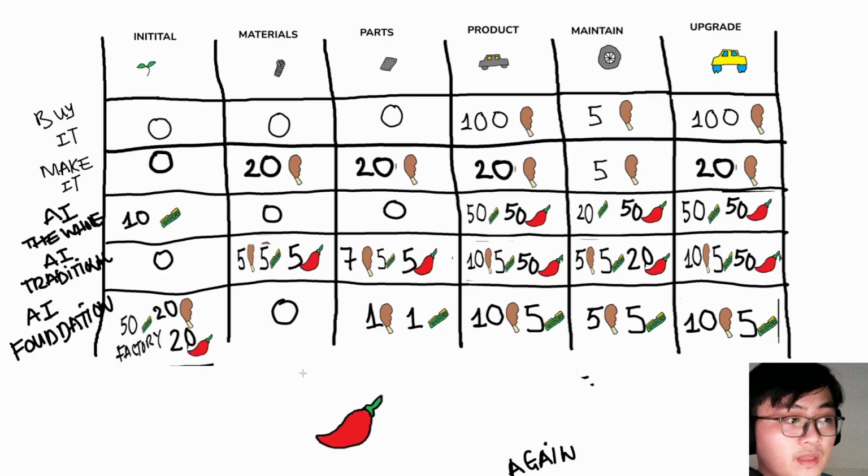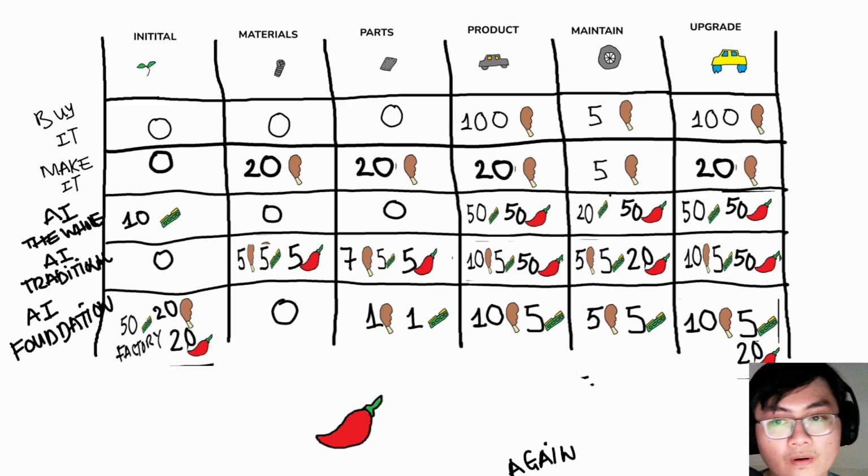But for the parts, since we already have the unreal power in the factory, and the factory made the parts, we don't have unreal power here. And also we don't have unreal power in the product, and the same for the maintenance. But for the upgrade, I think it also gets 20 unreal power, because we need to modify the factory to make it upgradable. And that's the 5 methods for today's video.